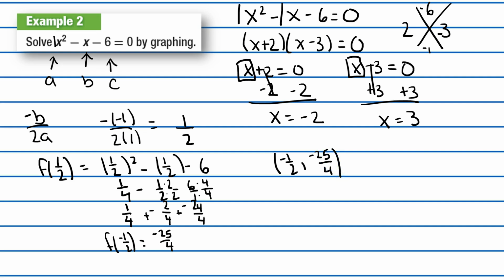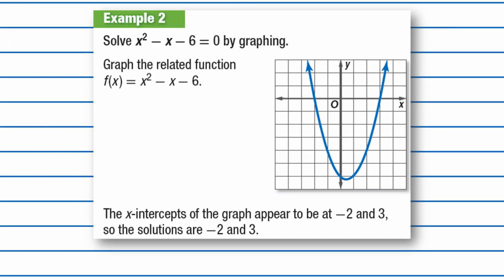Alright, so now we have to graph it though. So if we're looking here, we can see that this one's already graphed, but I'm going to highlight the points that we just talked about. So we have the points of the x-intercepts, which we said were negative 2 and positive 3. These are the points that we found when we solved for x.